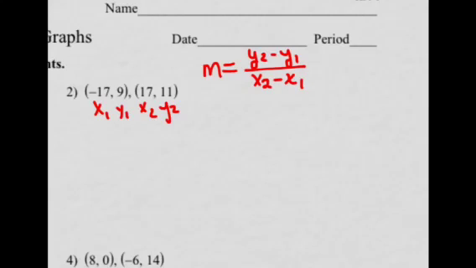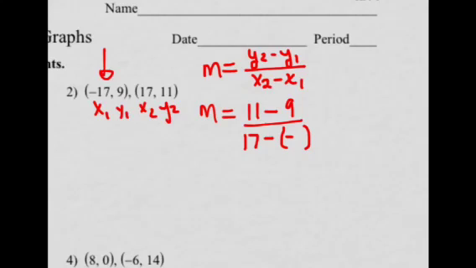Plug and chug. Cookbook City from here. y2 is 11 minus y1 is 9 over x2 is 17 minus, now be careful here, our x1 is negative, so he's special. We're going to put him in parentheses, and those parentheses just scream, hey, look at me, I'm negative, so we don't forget.